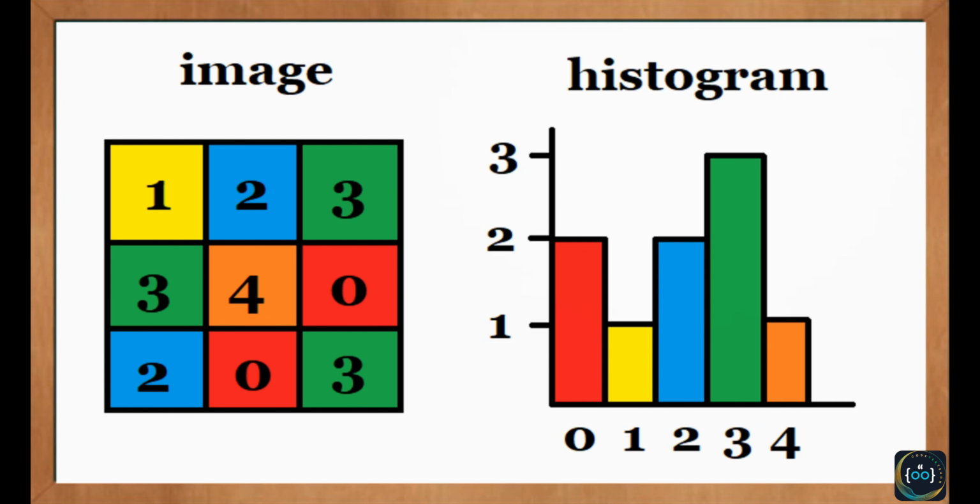You can pick another number. Assuming we are picking manually, we can pick 3 as the threshold. That means all the red, yellow and blue is going to be black, and only the orange color will be white. Then again, if we pick yellow as the threshold, that means red and yellow will be black, while blue, green and orange will be white. So that is what we mean by manually picking a threshold. But Otsu is going to pick its own threshold by calculation.